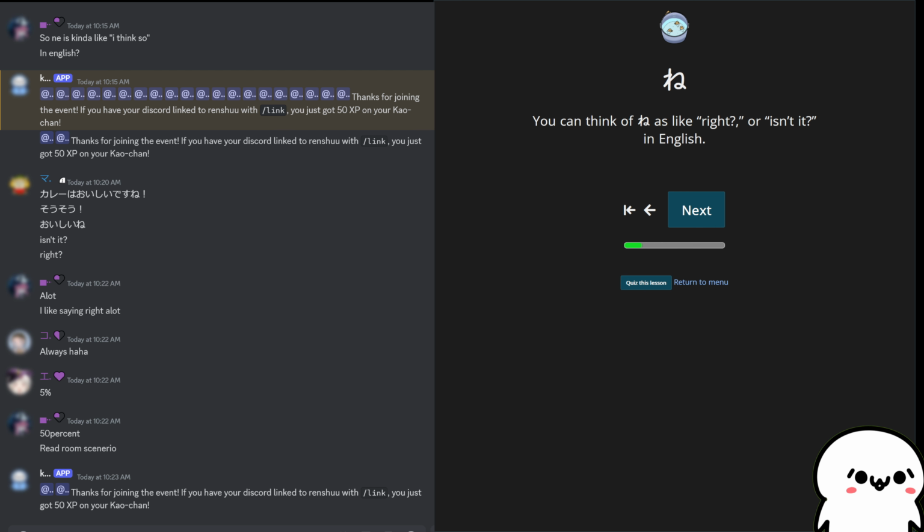You're going to want to use ne when you're speaking Japanese. One thing it does, in the sense of confirming information that you're pretty sure is true, or asking them to agree with something you said, when you say "kare wa oishii desu ne," it is a really good way to keep the conversation going, because the ne invites a response from the listener.